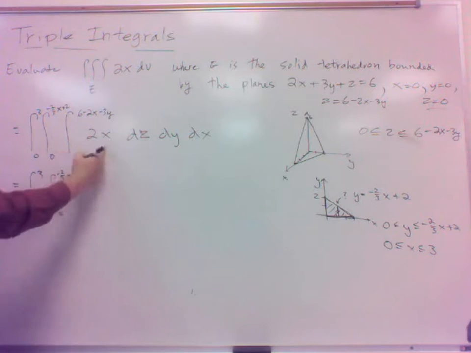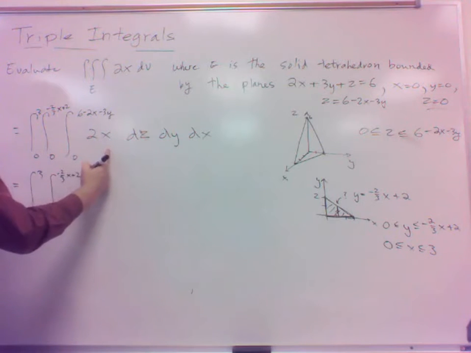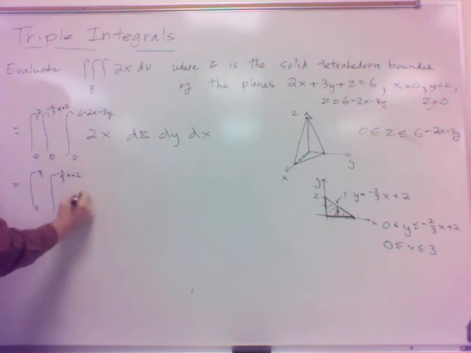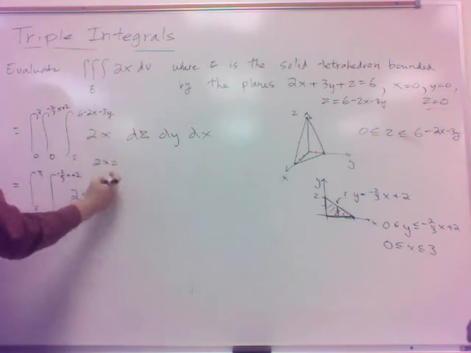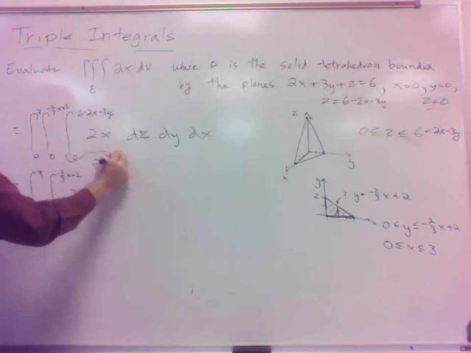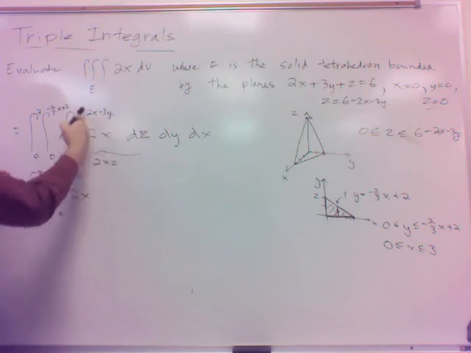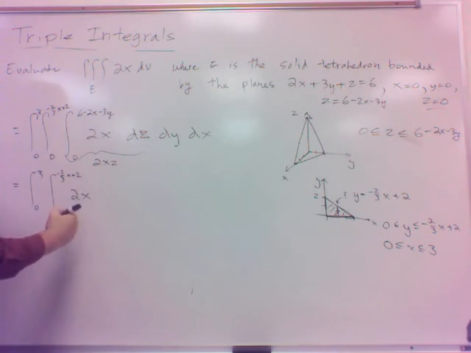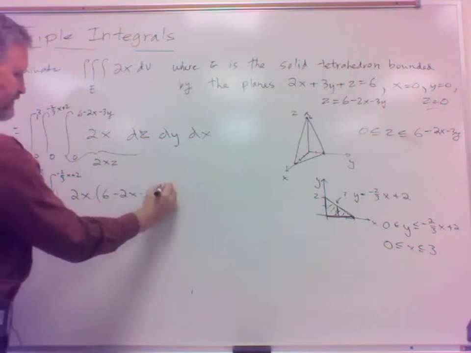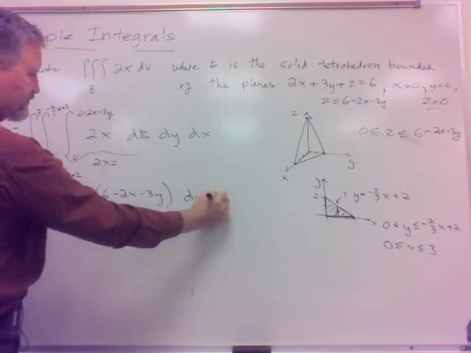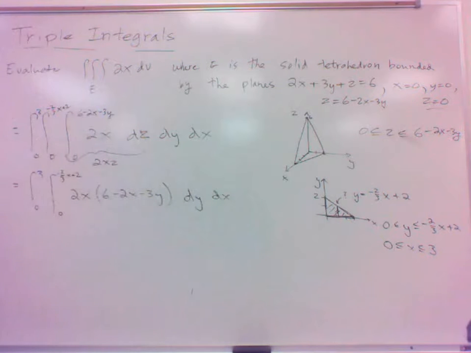Like I said, I don't think they'll get too wild here, but that was 2xz, and so we evaluate that from 0 to 6 minus 2x minus 3y. So that's just going to be 2x times 6 minus 2x minus 3y. Plug in that z value.